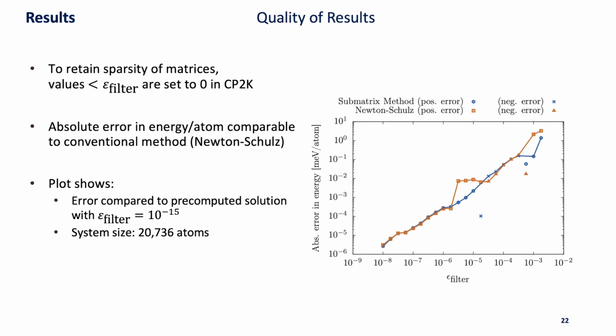And of course, the quality of results heavily relies on this argument. So what we see here is the absolute error per atom depending on the epsilon filter. And we see it in orange for the conventional Newton-Schultz approach and in blue for our submatrix method. And what we see here is that it overall behaves very similarly. So there's not a big additional error introduced here by the submatrix method.